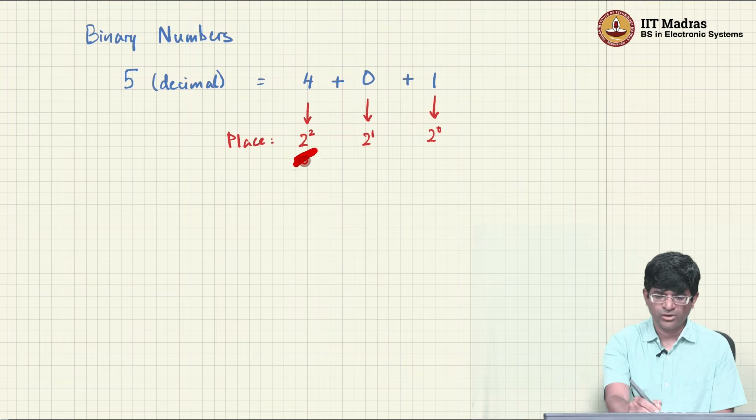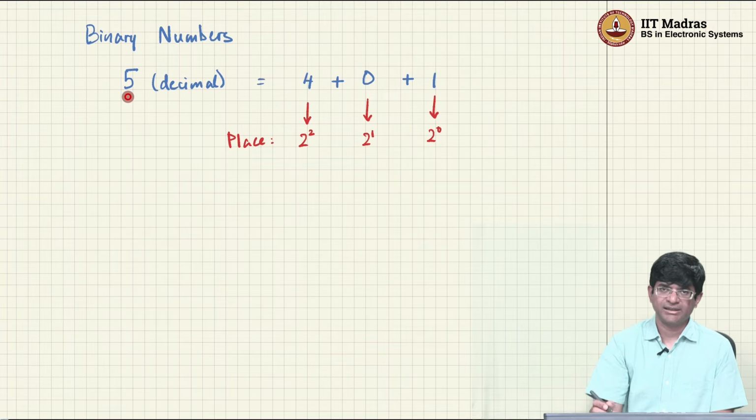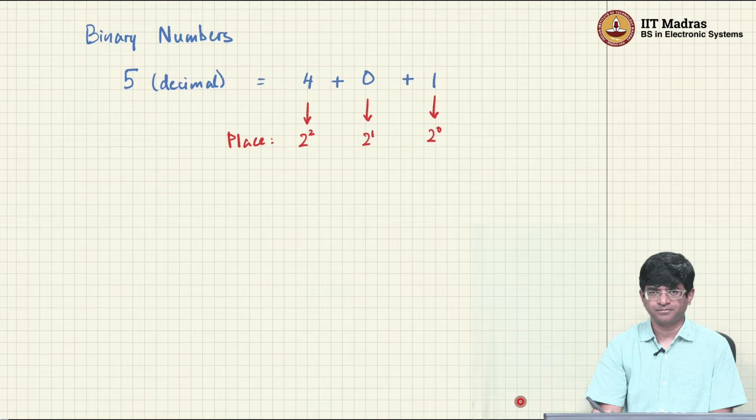I basically say, okay, I have 2 to the power of 2, 2 to the power of 1, 2 to the power of 0. Ideally, I should be starting from the right side so that I know exactly when to stop. I start with 2 power 0, 2 power 1, 2 power 2, 2 power 3. The point is, I don't need to go as far as 2 power 3 because that is 8, which is already greater than this number that I am trying to represent.